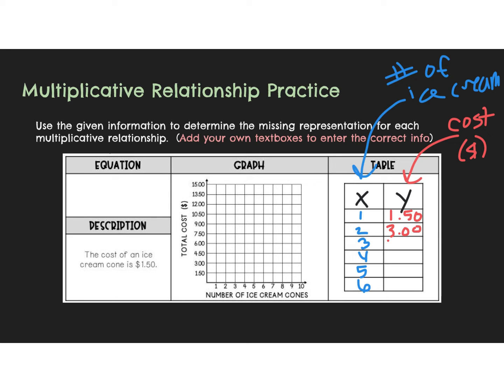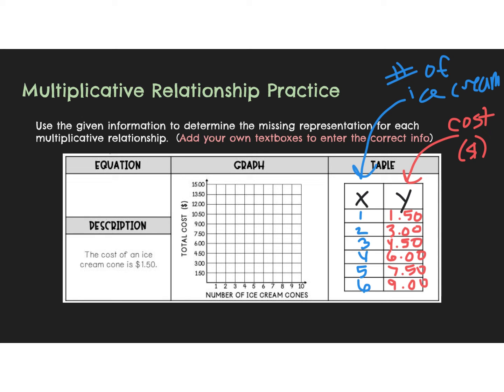Then 3, I would get $4.50. 4, I would get $6. Then I'm going to add $1.50 to get my 5th one, so that's $7.50. And my last one should be, what, $9. Okay, so that's my table.